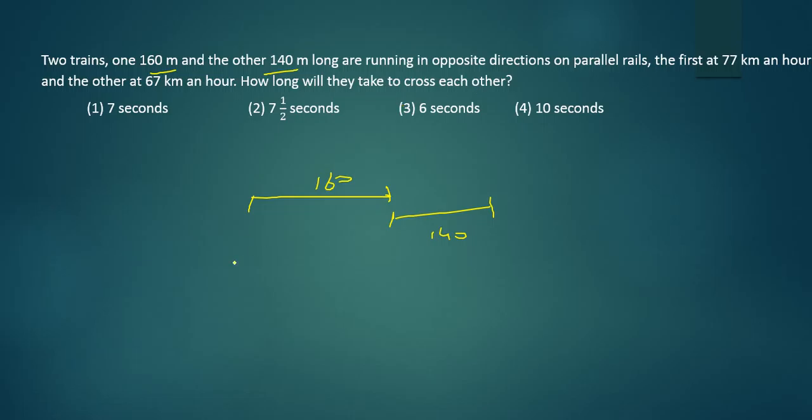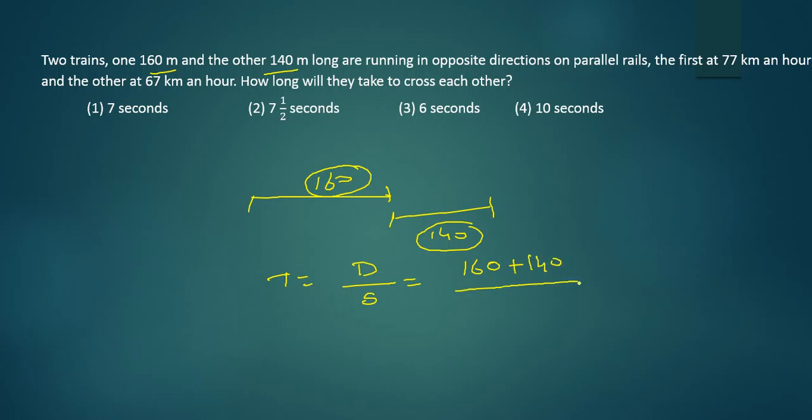Simple. Here, time is nothing but distance traveled by speed. Now, what is the distance when two trains are moving in the opposite direction? The distance covered by them is nothing but the length of the trains. What is the length of the trains? 160 plus 140.